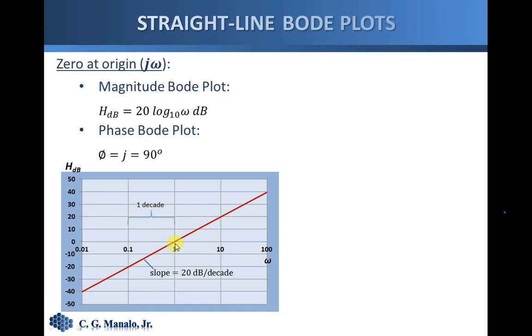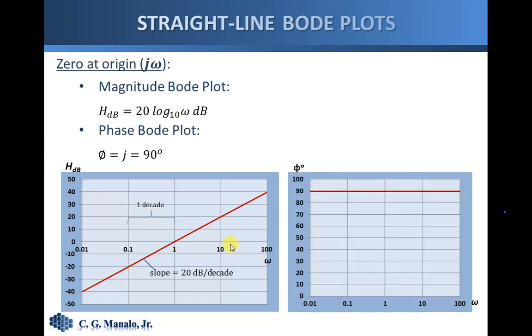So there's a change in the gain of 20 dB as you move from one major division to another in powers of 10. On the other hand, the phase Bode plot is a constant 90 degrees regardless of omega.